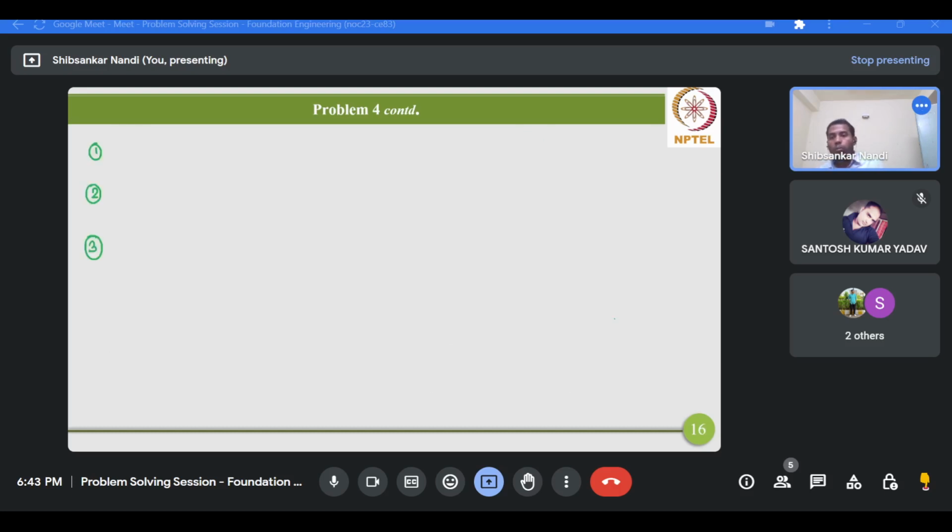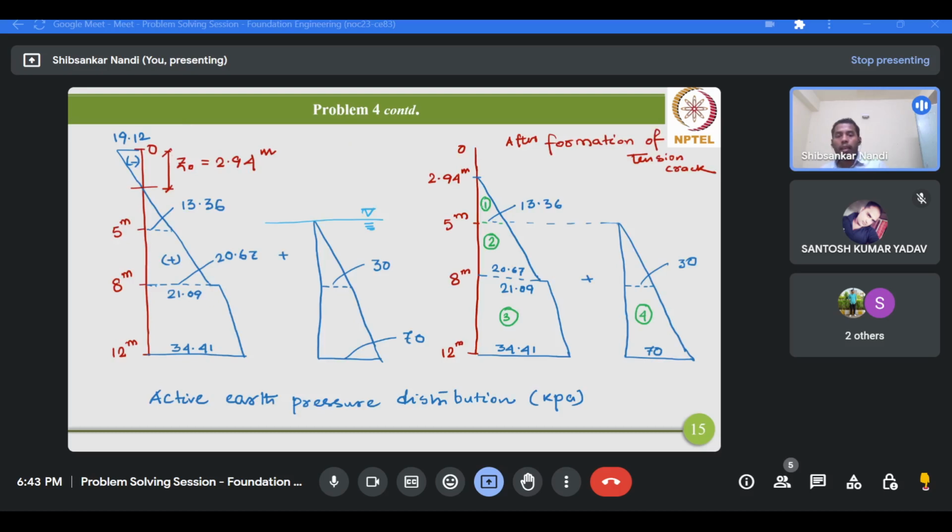Now what is PA1, and this is the data. Now what is the area of this block? That will give you the total active force for this diagram.